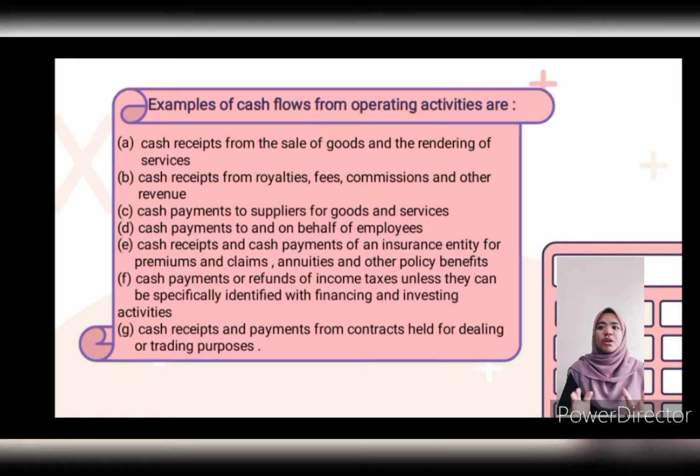Examples of cash flow from operating activities are cash received from the sale of goods and the rendering of services, cash received from royalty, fees, commission and other revenue, cash payment to supplier for goods and services, cash payments to and on behalf of employees, cash receipt and cash payment of an insurance entity for premium and claims, annuity and other policy benefit, cash payments of refund of income taxes unless they can be specifically identified, financing and investment activities, cash receipts and payment from contract held for a dealing or trading purpose.